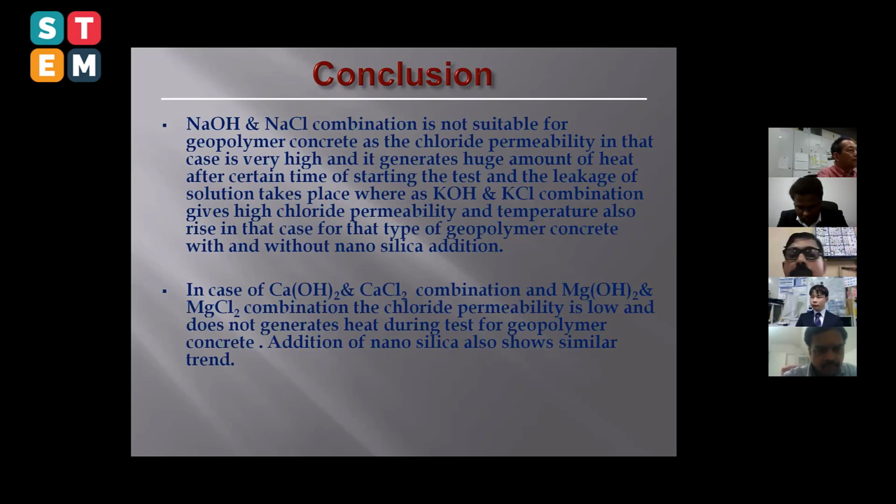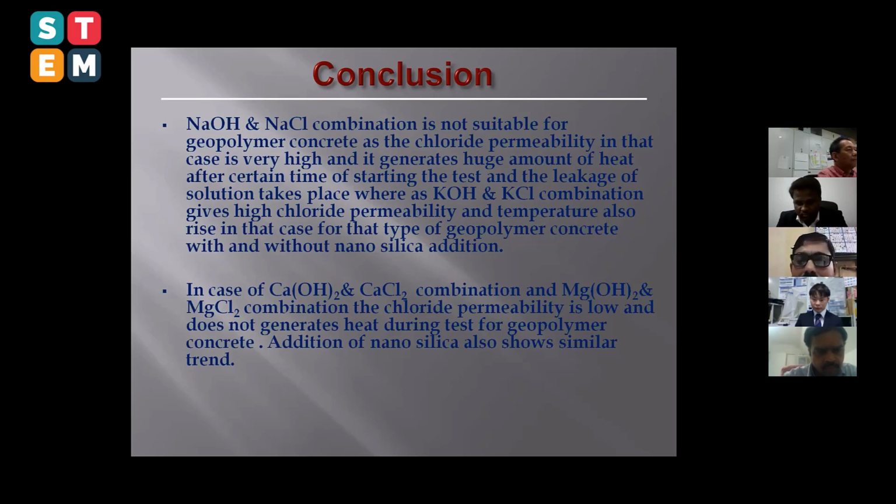So we tried alternate combinations applicable to geopolymer concrete instead of the solution prescribed in the ASTM standard. We tried calcium hydroxide with calcium chloride, and magnesium hydroxide with magnesium chloride.